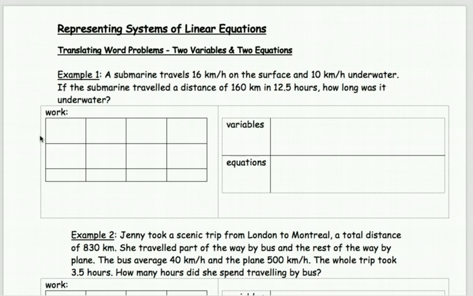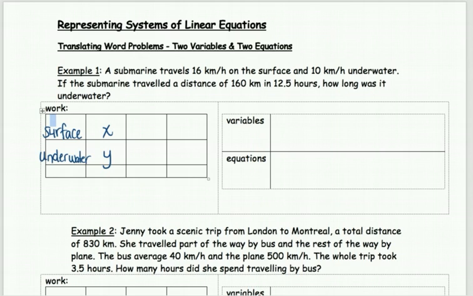So, all right, we have the surface, and you have underwater scenarios here. Okay, so I'm going to label them X and Y.